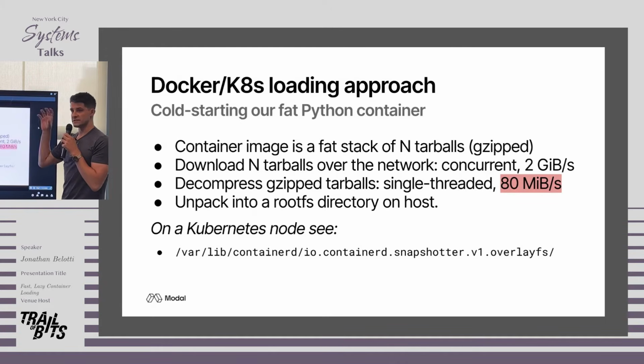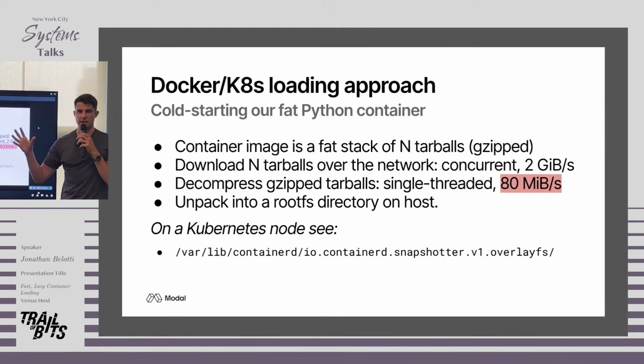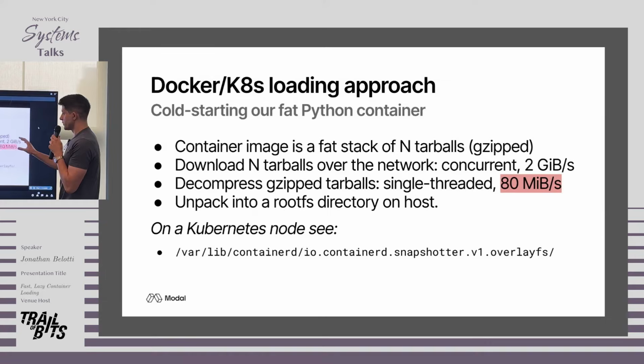If you want to receive this container image on a cold host, so imagine an EC2 VM or a bare metal instance has come up fresh and does not have this container image file system, you're going to need to download n tarballs over the network. If you're doing this properly, it's going to be reasonably fast. You're going to spin up some threads, pull from a registry that has a lot of upload capacity, and have on the host a lot of download capacity, so you're going to be doing this at around 2 gigabytes a second. This is fine, this isn't really slow.